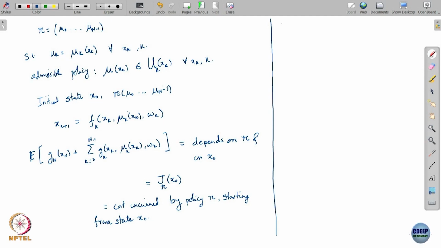The problem is to find a policy pi star in a space capital pi, where capital pi is the set of admissible policies.